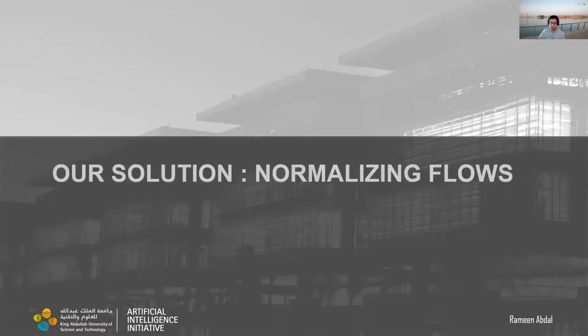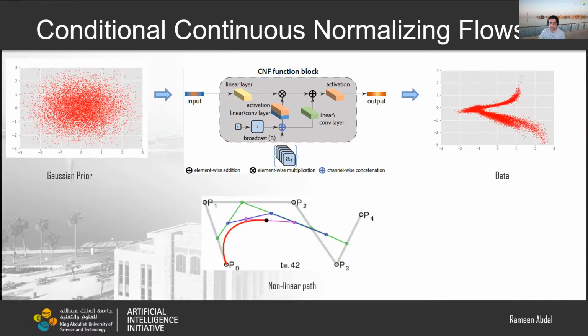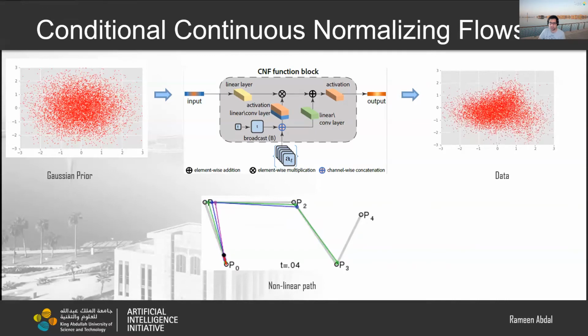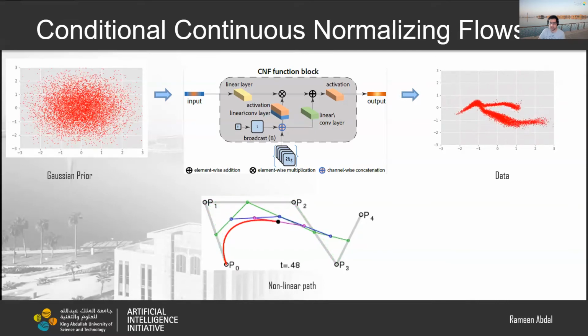Our solution is to model the latent space of GANs using normalizing flows. Flows are invertible and have properties of exact log likelihood evaluations. We modify the StyleGAN architecture by incorporating two properties ensured by our flow setup. Number one, the editing path enabled by our setup need not be linear.